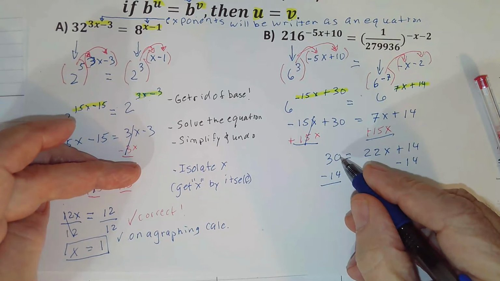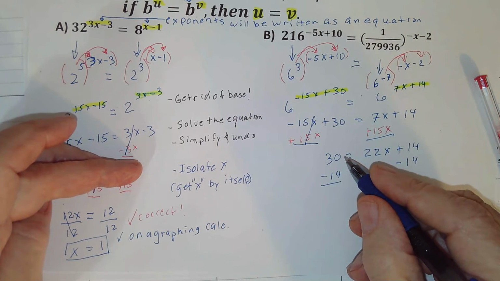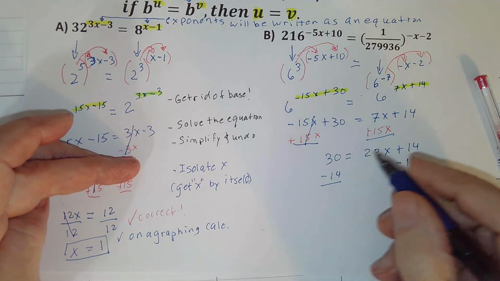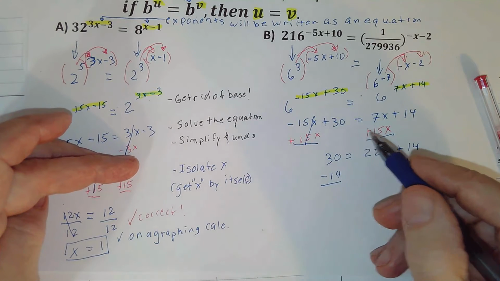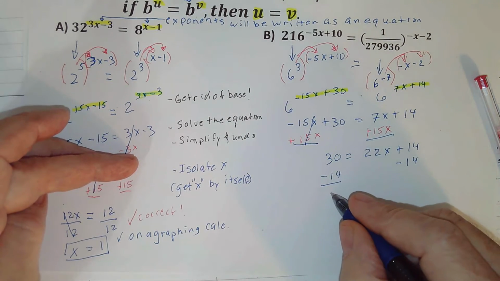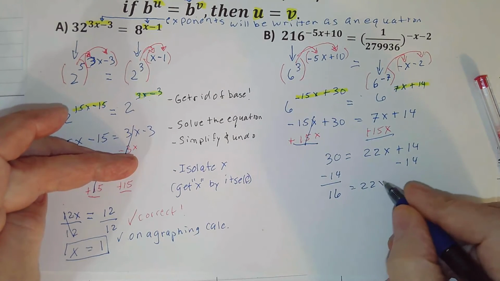And so 30 minus 14, let's see. Well, let's see, what is that, 16? 16 equals 22x.